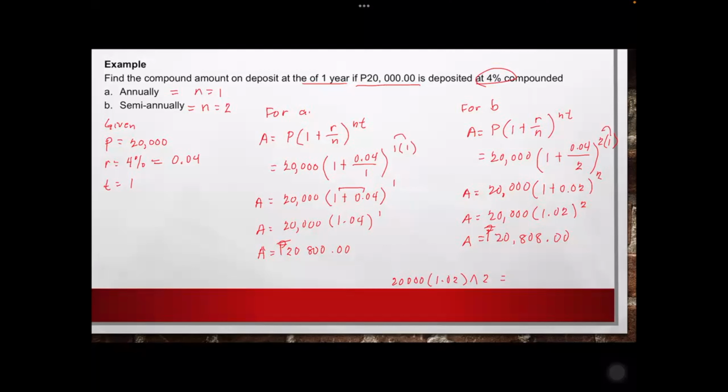Kaya pag may nag-alok sa inyo ng pautang, tapos sabihin ay ang interest ay annually lang, pero in reality, monthly yun na, kasi kung annually, isa lang. Kung papautangin kayo, mas maganda annually. Pero kung kayo magpapautang, mas maganda monthly, kasi mas madami.